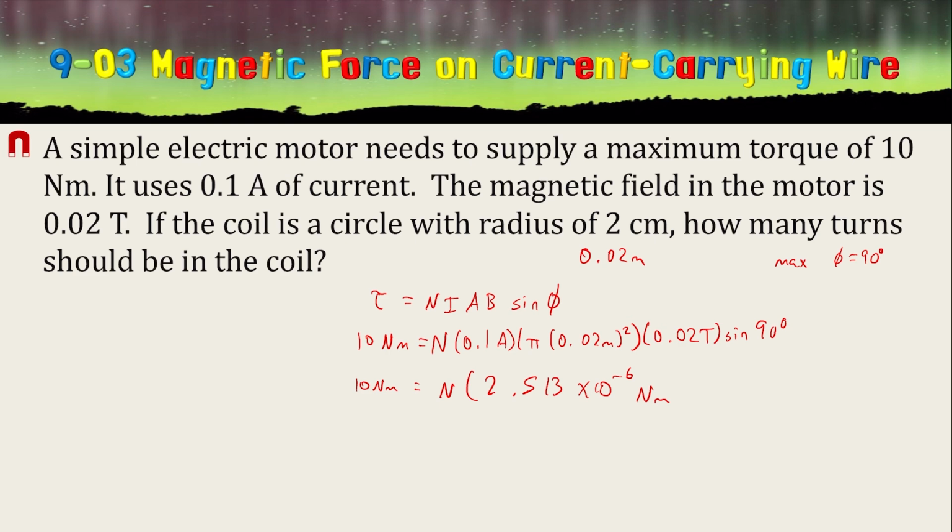So then divide, and I get 3.98 times 10 to the 6 loops. So almost 4 million loops. May seem like a lot, but if you ever take apart a little electric motor, they use very, very tiny little thin wires, so it is possible.